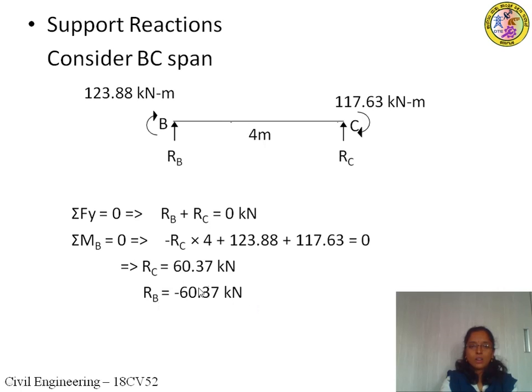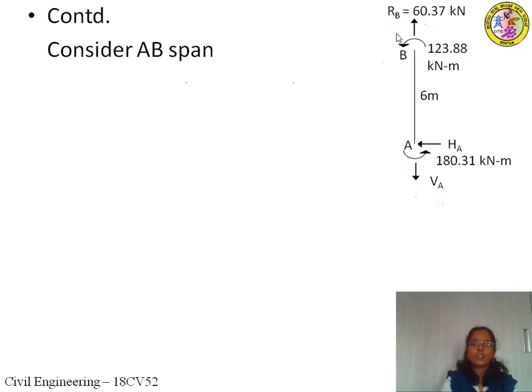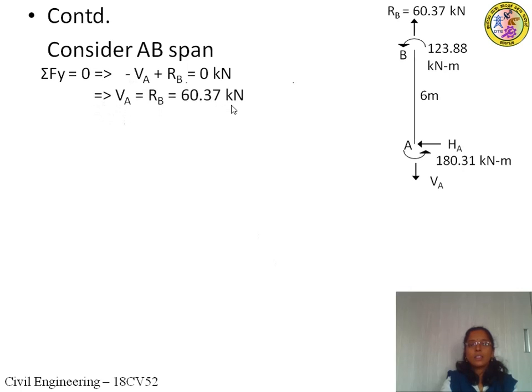So you can look here. Here RB is negative, that means it is acting in the downward direction. Therefore in the next slide it is assumed in the opposite direction. So that gives a value of reaction at A, which is also in the downward direction, 60.37 kilonewton.